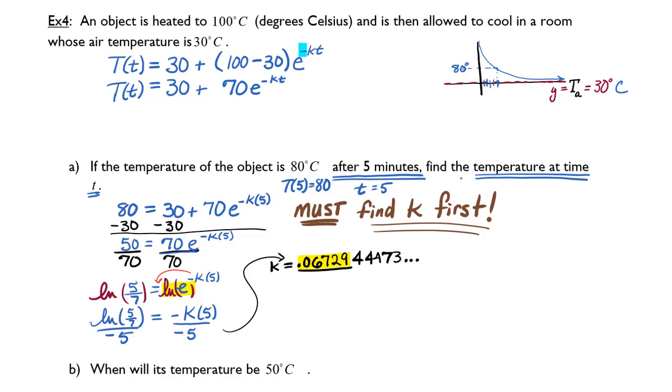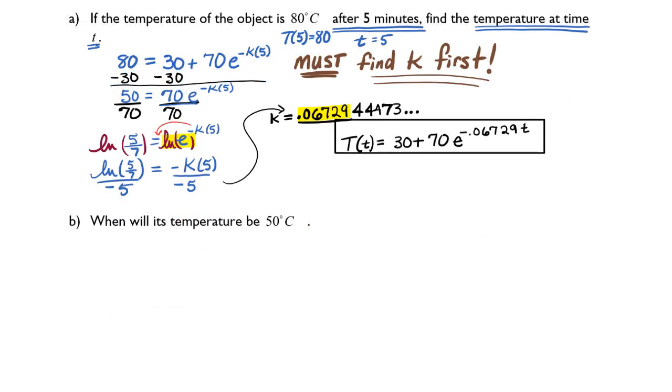So if I want to find the temperature at time t, I can now write the whole generic equation, because I now have the rate at which the temperature is decreasing and tending toward the ambient temperature. T of t is equal to 30 plus 70 e raised to the negative 0.06729 times t.